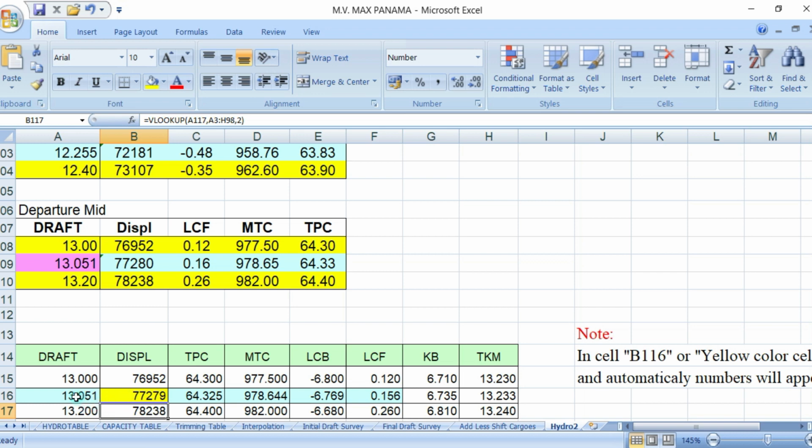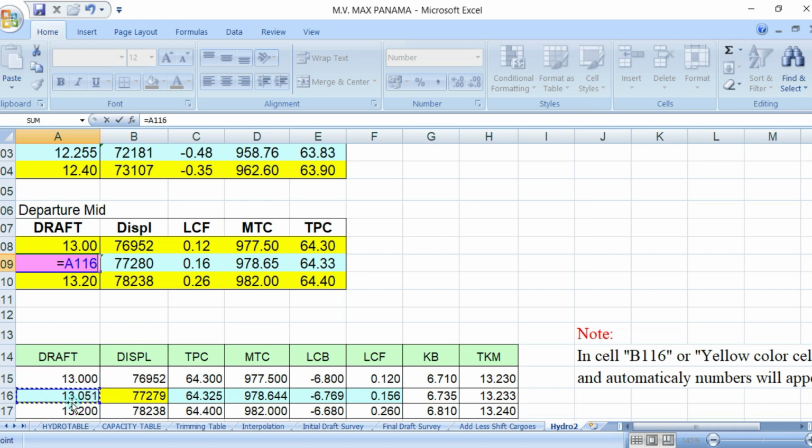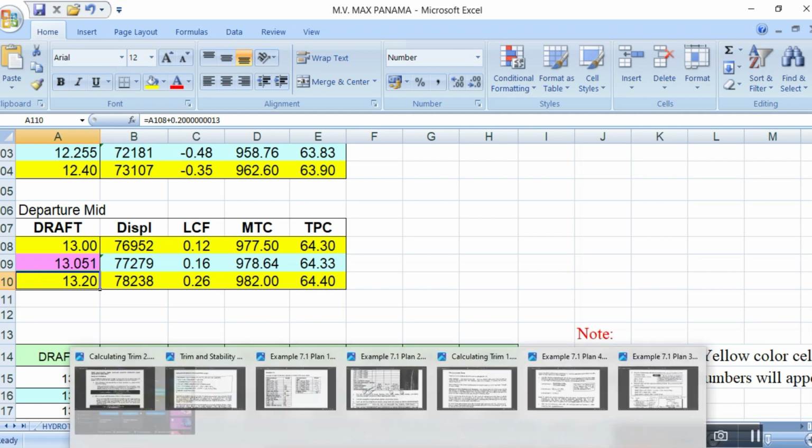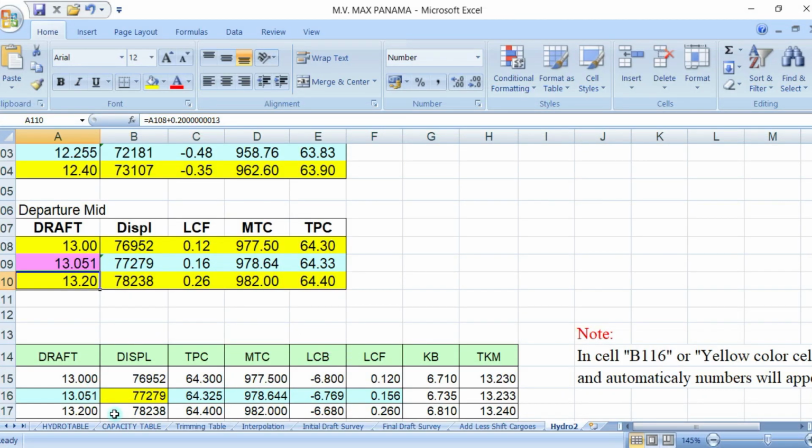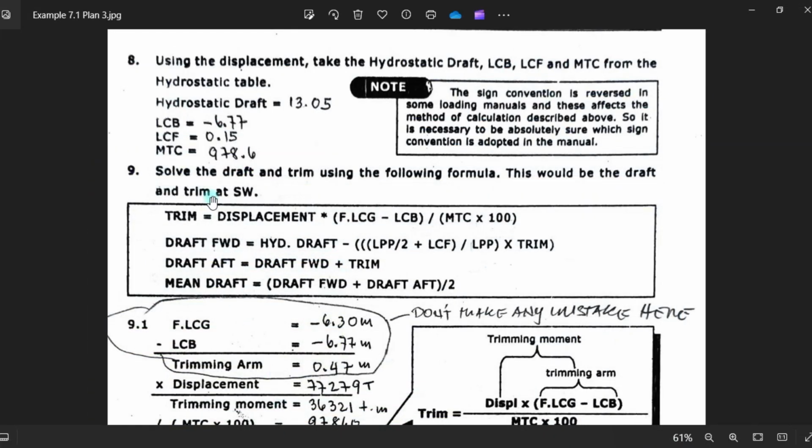Okay, so plus put this one to this one. So we'll check the draft, which is 13.01. Okay, 13.05, and asking for the LCB, it is negative 677.